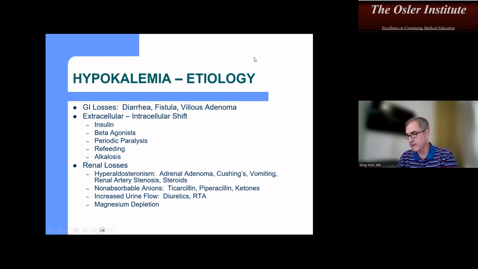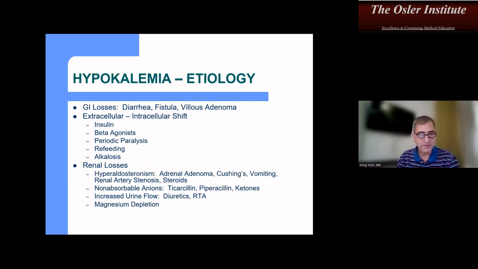All right, hypokalemia, just the opposite. Similar causes. We can see GI losses of this through diarrhea or fistulas. We can have cellular shifts, extracellular to intracellular shift, where all the potassium moves intracellular.